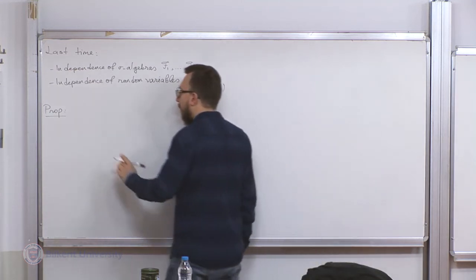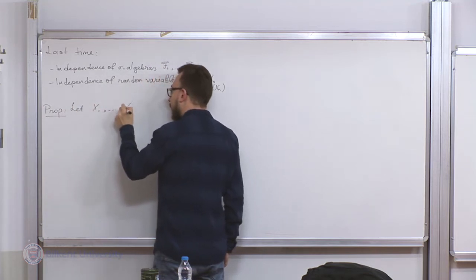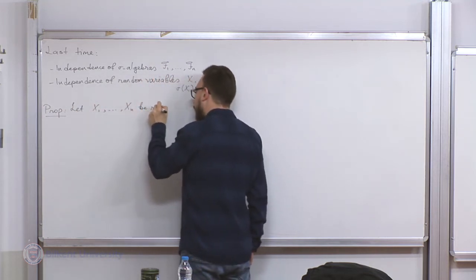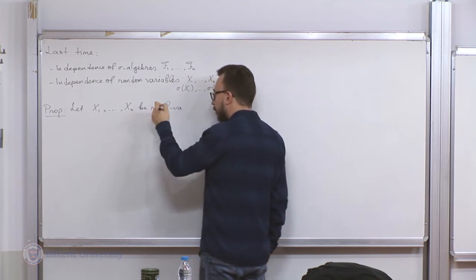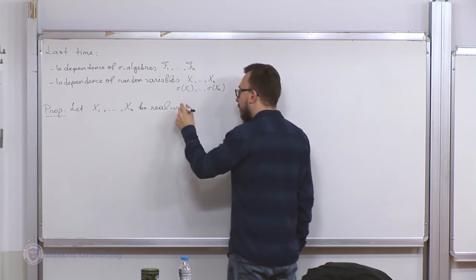So let X1 to Xn be real valued random variables. And you can also state a version for just numerical ones, allowing plus and minus infinity.